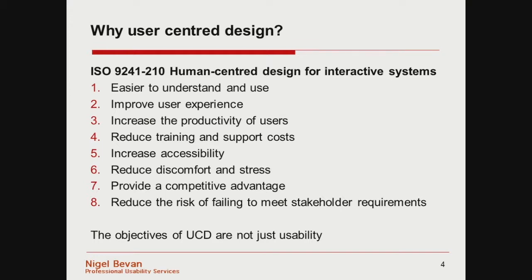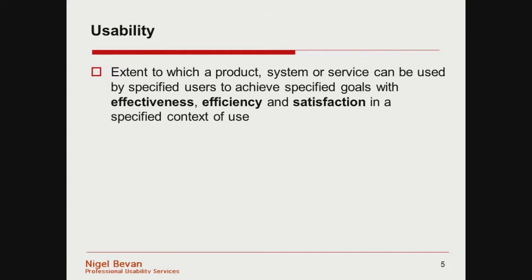And looking at that, these objectives go a little bit wider than usability. And in the past, we used to promote user-centered design to improve usability, but in fact, I think one's now aware that there are a number of associated issues which are equally important and closely related to usability. Usability is defined by ISO in this very broad way as the extent to which a system can be used by specified users to achieve specified goals with effectiveness, efficiency, and satisfaction.